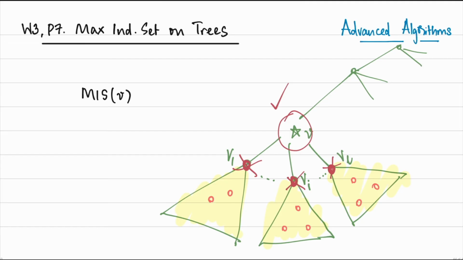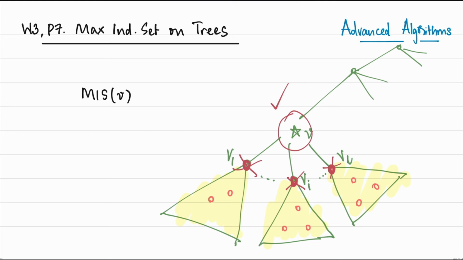So now we do the same thing, except we go to the grandchildren, right? So we find the optimal parties from the subtrees that are rooted at the children of V1, at the children of V2, and so on up to the children of VL. Okay, so we take all of those and combine them, and we combine that also with the weight of V, and that's what's going to give us our final answer.